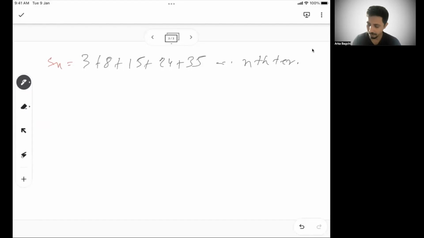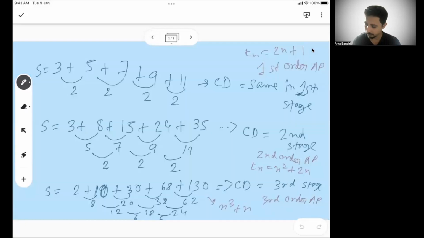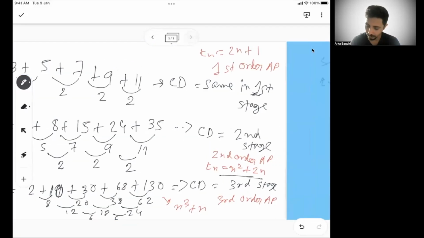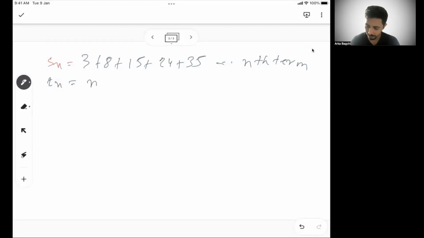If this is the problem, you can easily say what your Tn, the nth term, is if you can identify the previous one, that is n square plus 2n. You can right away say that Tn is n square plus 2n.